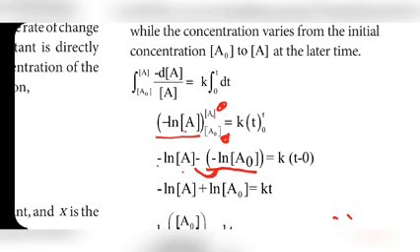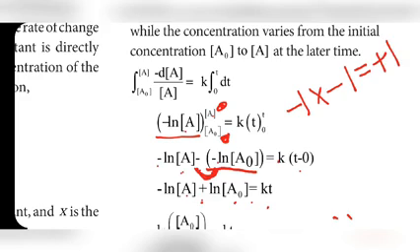This minus and this minus, minus into minus is equal to plus. So minus log A plus log A naught is equal to k into t, because on this side k integration dt is given.